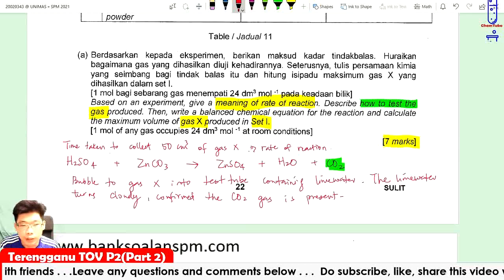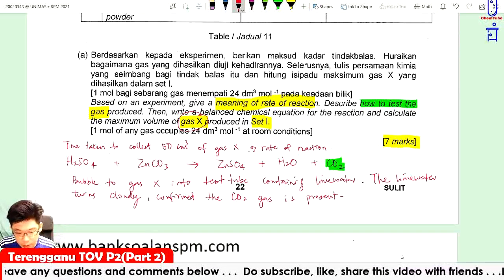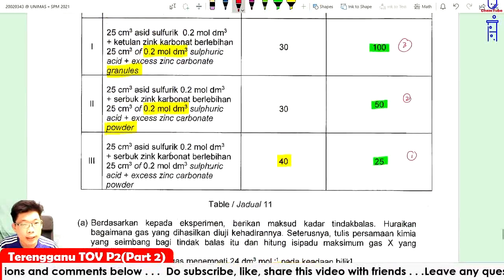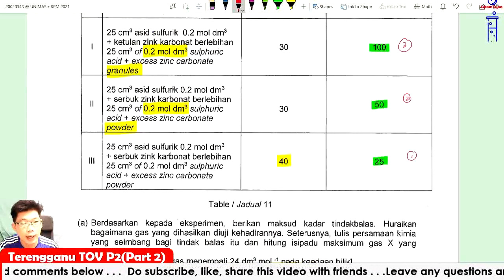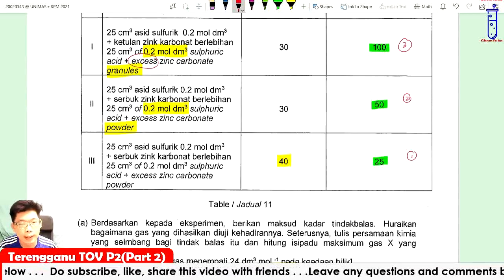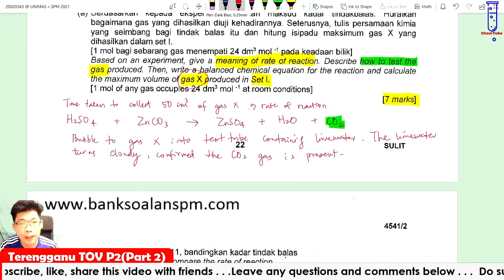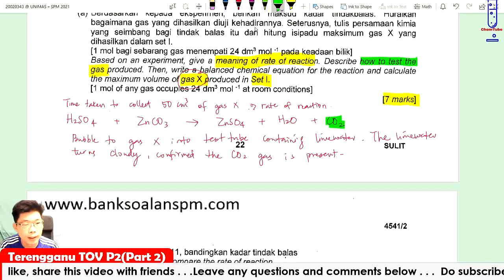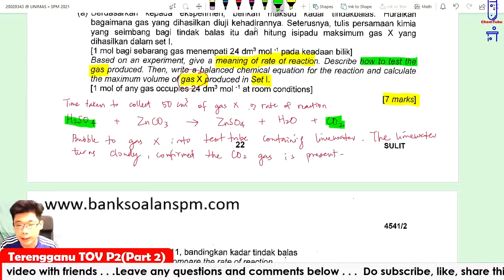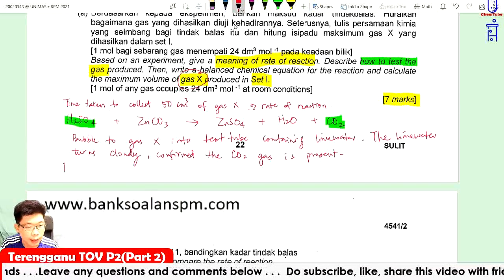After that we need to calculate the volume of gas produced. We can do the calculation for the number of mole. Here you see zinc carbonate is in excess, so sulfuric acid is the limiting reagent. So we will calculate the number of mole for the sulfuric acid, then compare with the volume of gas.